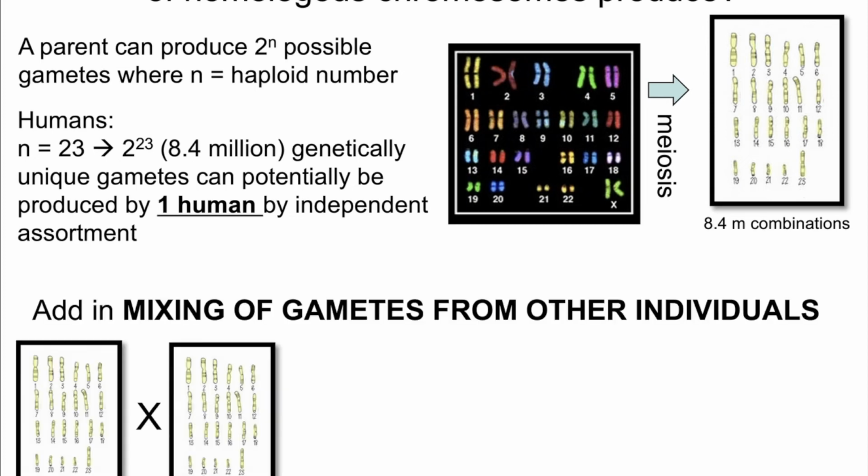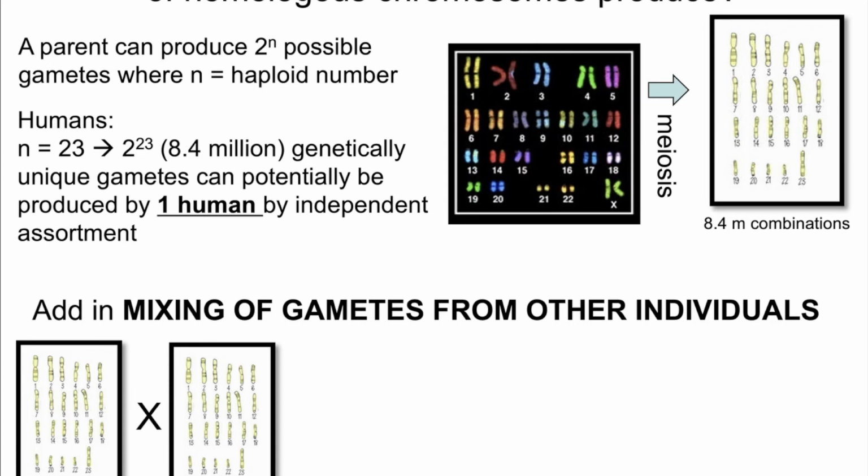And if you add in mixing of gametes from other individuals, so in other words, a father's sperm can have 8.4 million different combinations, and the mother's egg can also have 8.4 million different combinations of her 23 different chromosomes. If you multiply this times this, you can get 7 times 10 to the 12th different possible combinations from just one mating.